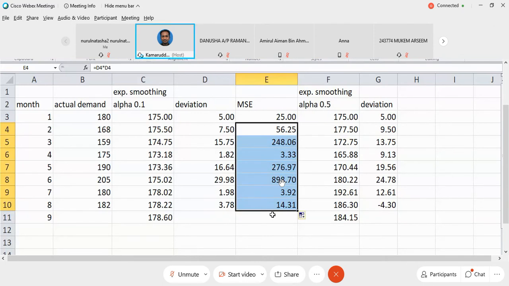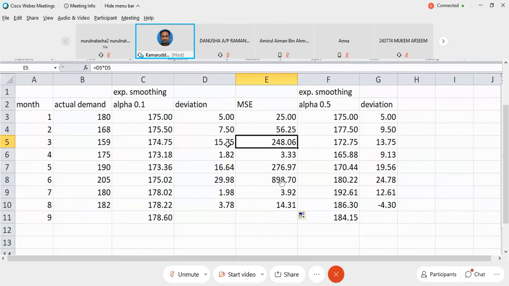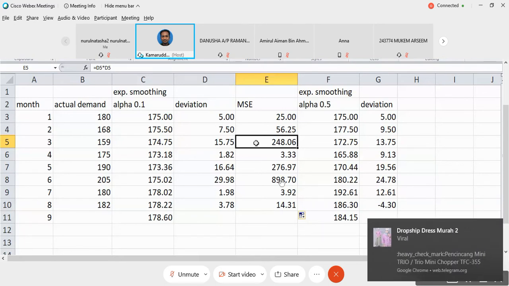So here we have the mean square error. For example, the value of deviation in quarter 3, 15.75, gives 248.06. How do we get this answer? By squaring the deviation: 15.75 multiplied by 15.75.